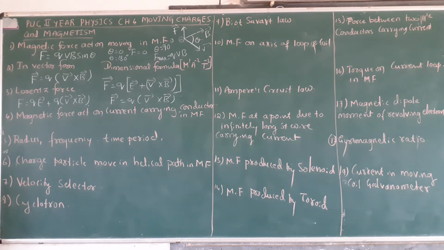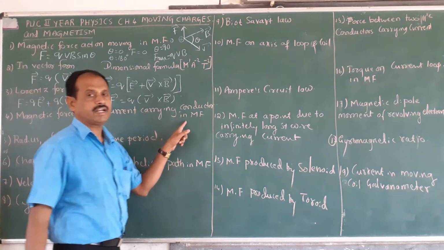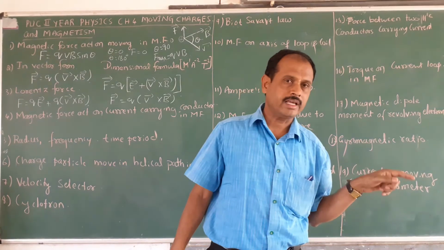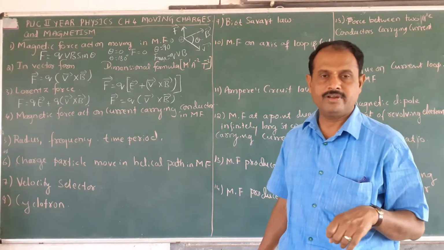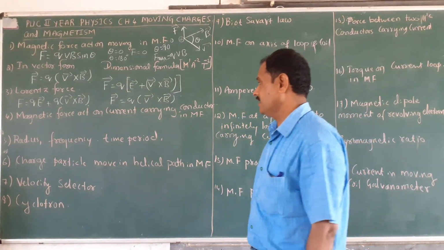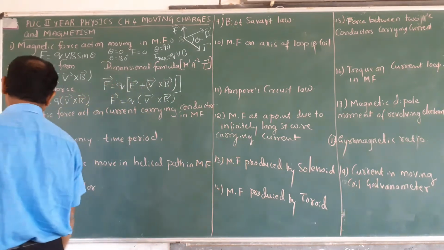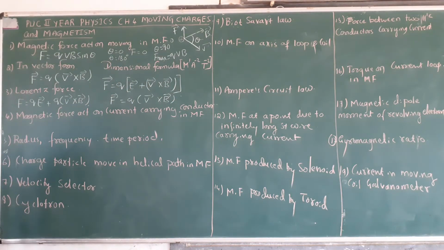Now, the magnetic force acting on a current carrying conductor in the magnetic field. At that time, the magnetic force acting on the current carrying conductor is given by the formula F = BIL sin theta.